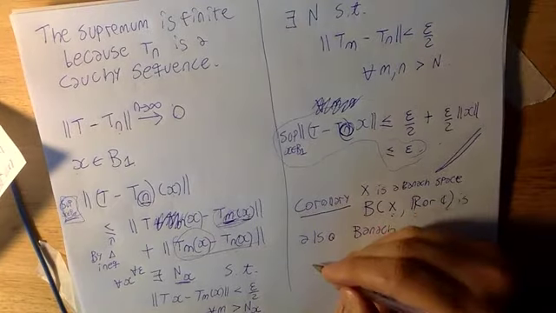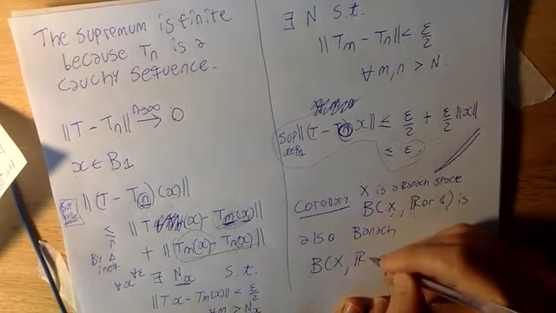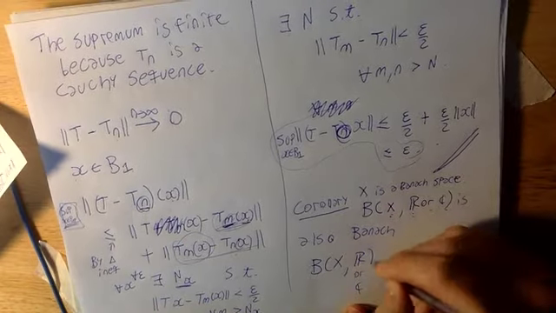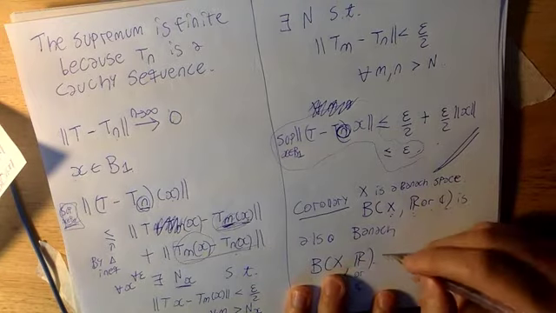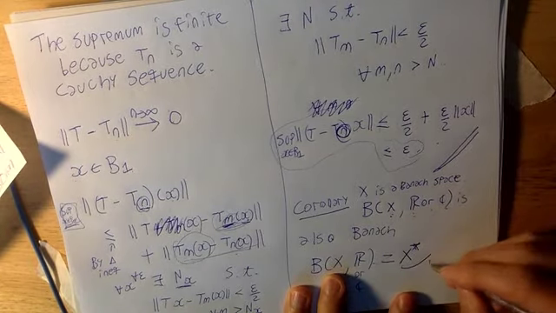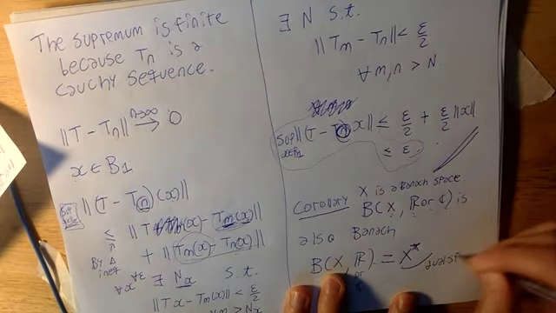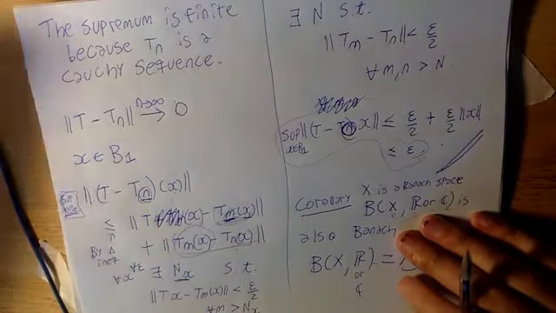So then B(X, R or C), the linear functionals that go from X to R, are usually denoted by X star, and this is called the dual space to X. I claim this is quite interesting to understand.